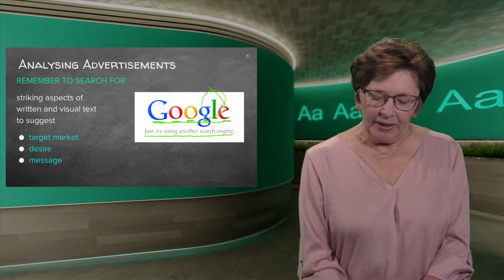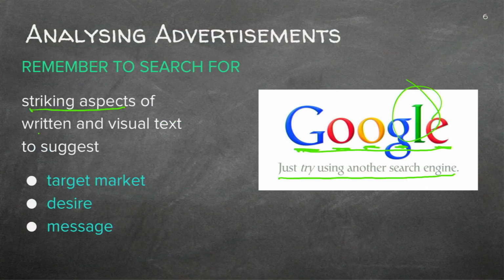So we have seen the striking aspects of the written and of the visual text. In the written, it was just try, the emphasis. It's not a warning, it's a playful warning, right? And then the striking aspects of the visual text are the playful font, the coloring, the throwing in of a little bit of green in amongst the primary colors. We're not that traditional.